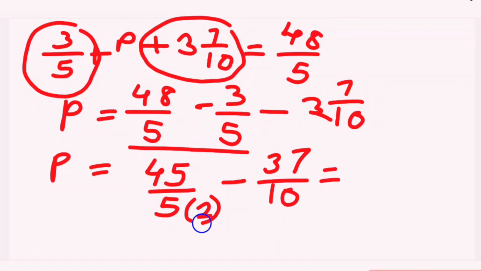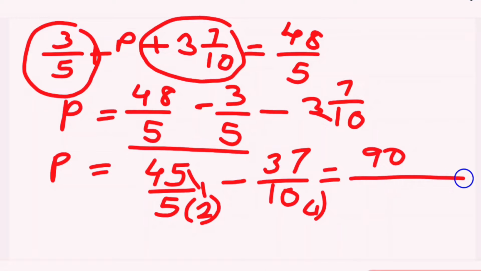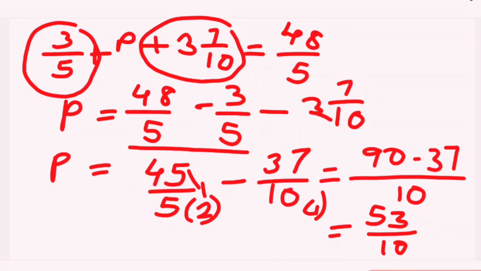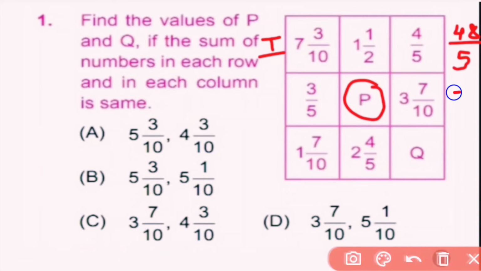So here we multiply by 2 and here by 1. 45 into 2 is 90 and the denominator is 10, and 37 into 1 is 37, so 90 minus 37 is 53. So we convert it into a mixed fraction, which gives 5 into 10 is 50, 50 plus 3 is 53. So here P is equal to 5 3 by 10. Now the value of P is 5 3 by 10.